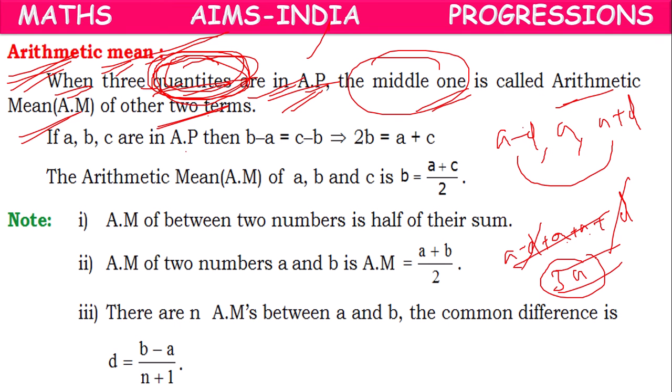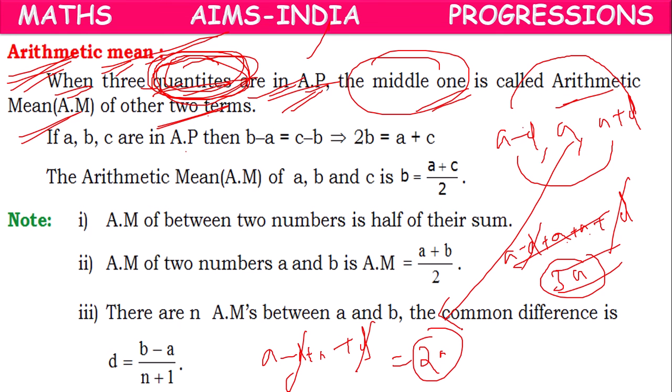But if we add only the first one and last one, a minus d plus a plus d, d and d get cancelled, a plus a, 2a, which is equal to twice of a. Suppose if the first term is a, second term is b, third term is c, sum of a plus c equals twice of middle term, 2b.